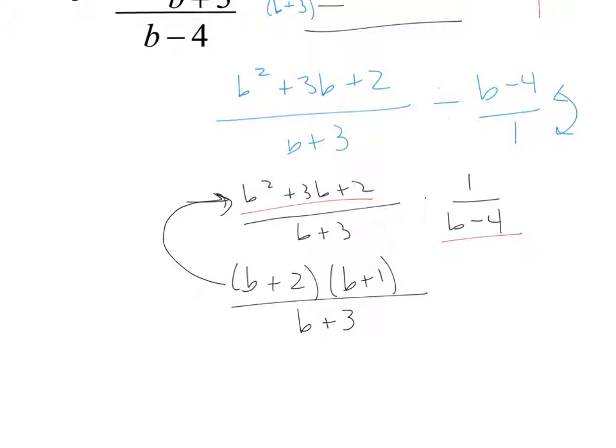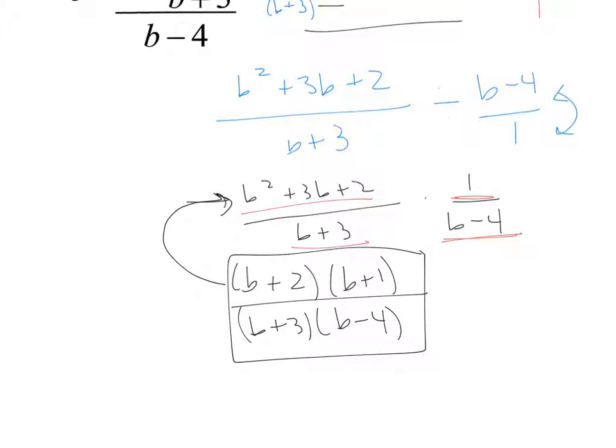So essentially I can just multiply straight across: b plus 2 times b plus 1 in the numerator, and then b plus 3 times b minus 4. So my denominator will actually be b plus 3 times b minus 4, since nothing cancels out. And that would be my final answer here for number 3.